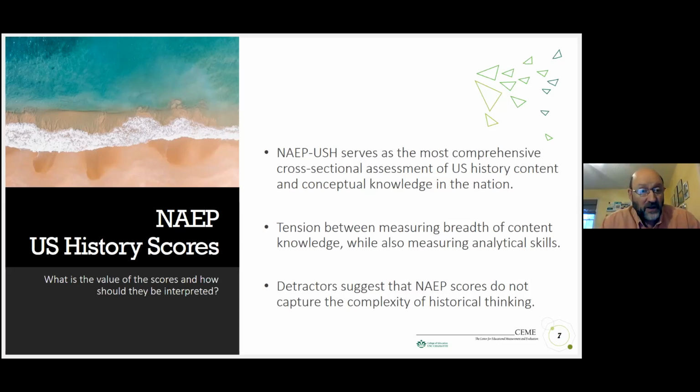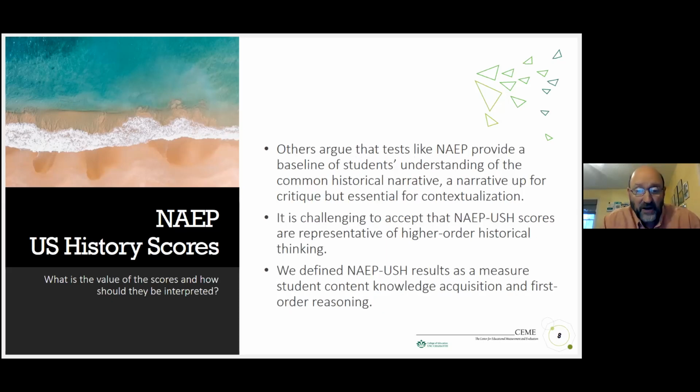I guess a lot has been written by detractors that suggest that NAEP scores don't really capture the real complexity of historical thinking. Others argue that tests like NAEP provide some kind of baseline of student understanding of a common historical narrative.